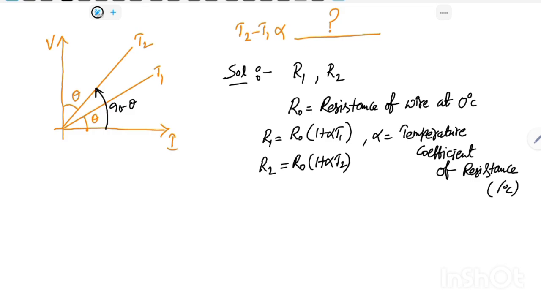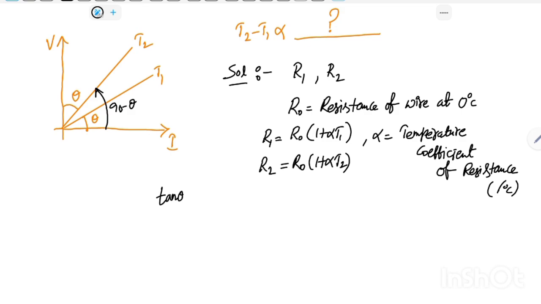Okay, so R2 can be, now what we need to find is T2 minus T1, which is proportional to which value. Okay, now how can I find R1? R1 from this graph is nothing but tan theta. Is it right or not? Because the tangent, or the slope of a straight line, is obtained by taking tan theta.